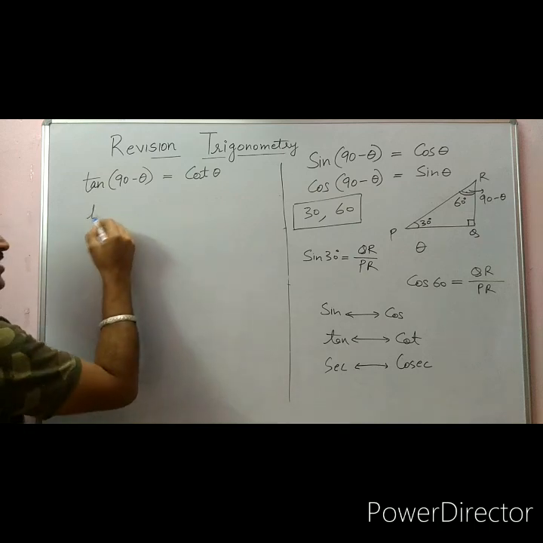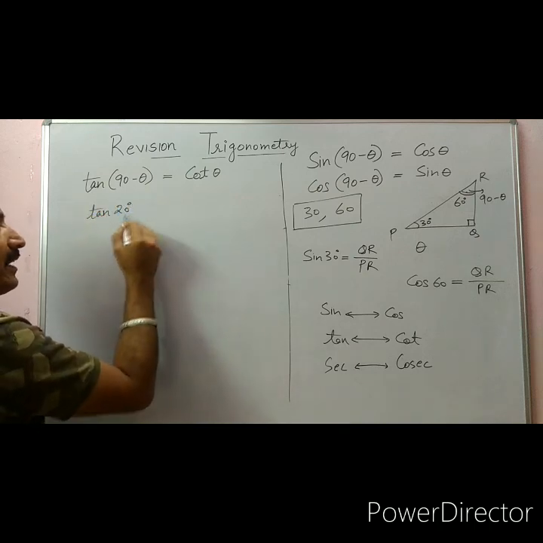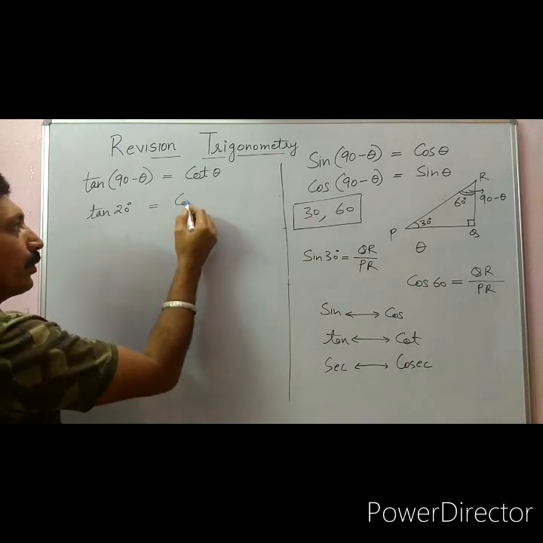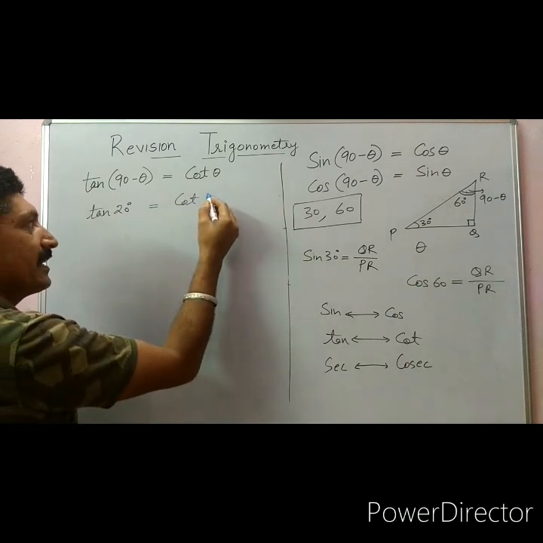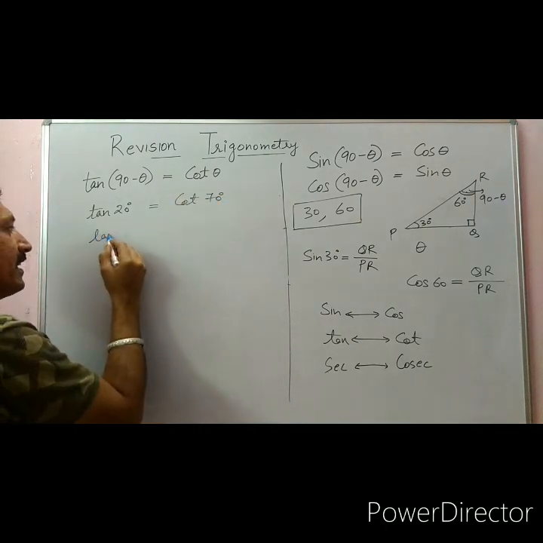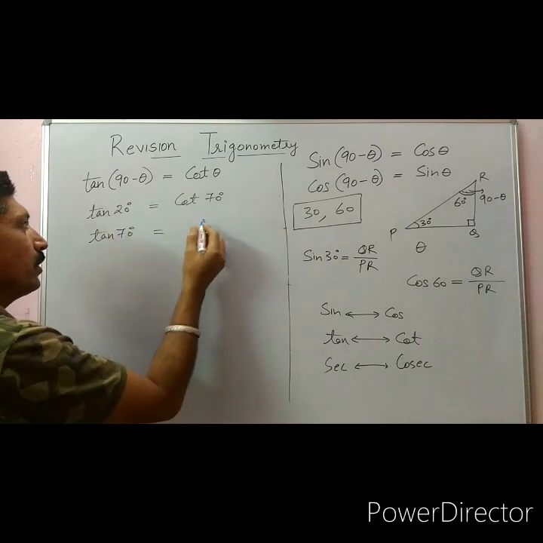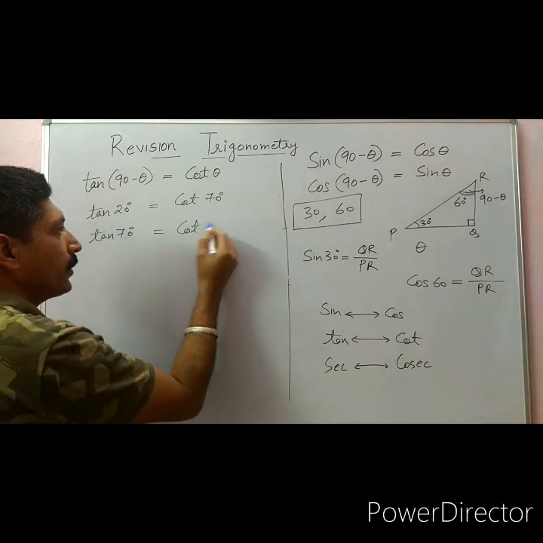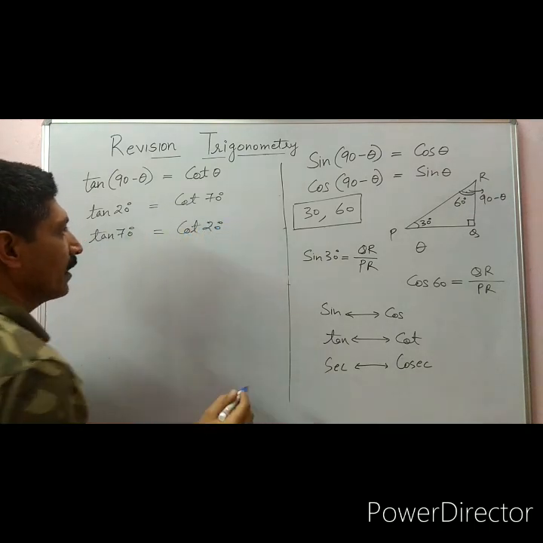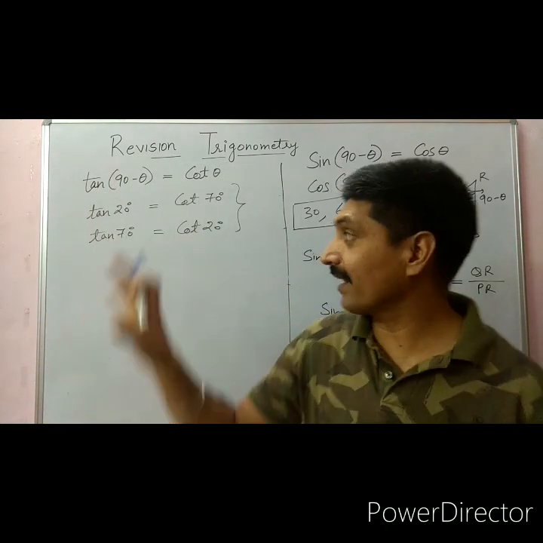If we have tangent of 20 degree, that is always equal to cotangent of 70 degree, or tangent of 70, that is always equal to cotangent of 20 degree. But this is, I am inserting these values directly.